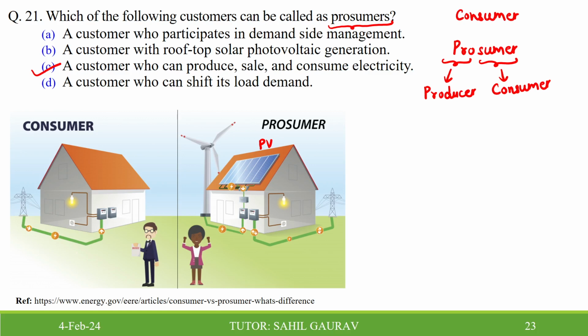In a consumer, there is only one direction of power flow, from the utility company to your household.